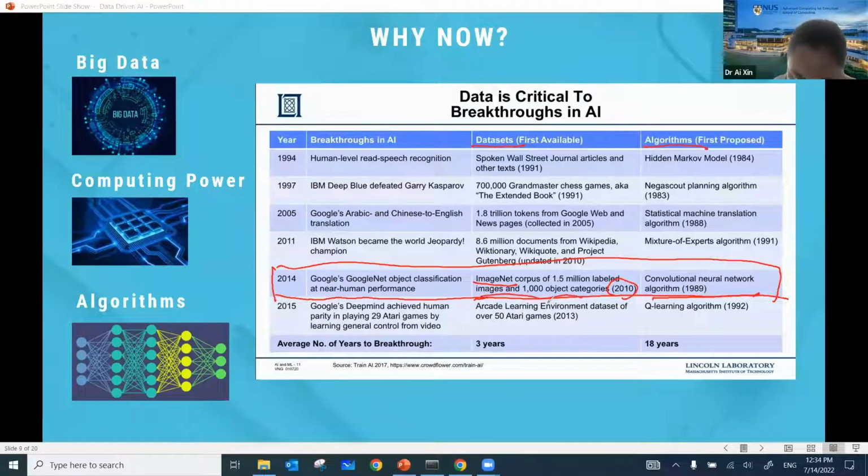Then after that, I think around 2012, somebody used a convolutional neural network model and trained it on this ImageNet data set. Then it created a big breakthrough on image classification. Previously, the accuracy was probably around 80% or 90-ish.